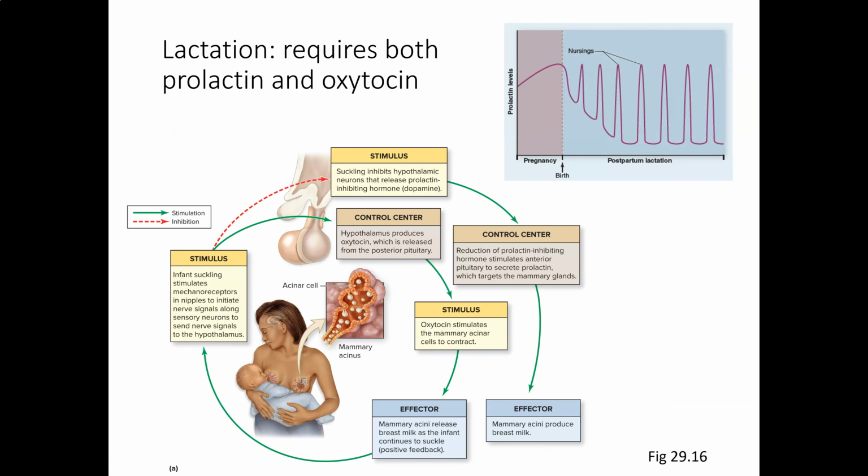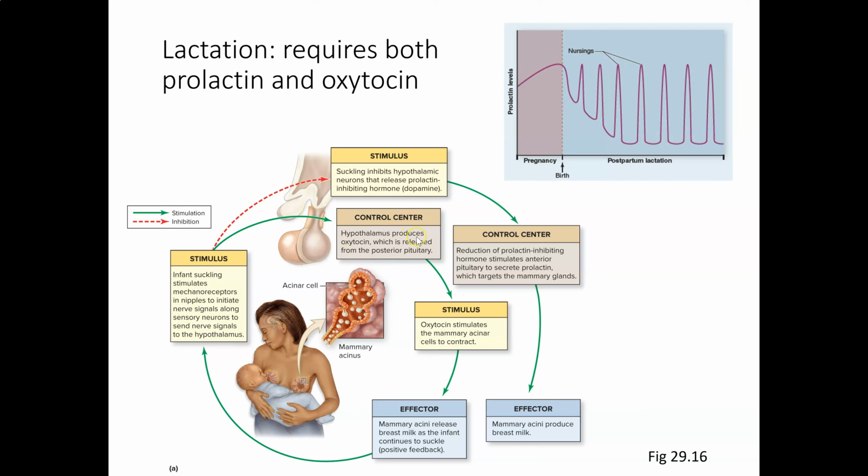Let's see what the regulation of the lactation is, right? So we start with the stimulus, which is the infant suckling, and that's a stimulation that is going to be detected by the receptors on the nipple, right? Mechanoreceptors. And the nipple is going to relay the information to the hypothalamus, and the hypothalamus is going to respond.